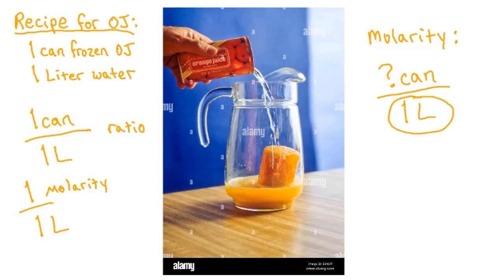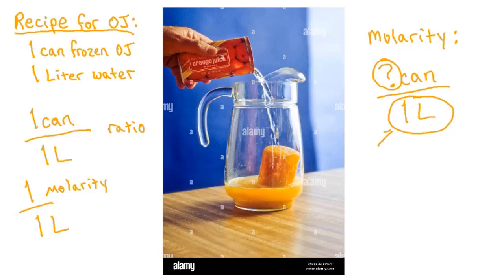It's the ratio of however much you put into the 1 liter of water. So you could have 1 can of orange juice in 1 liter of water. You could have 1 mole of salt in 1 liter of water. You could have 1 mole of hydrochloric acid in 1 liter of water.